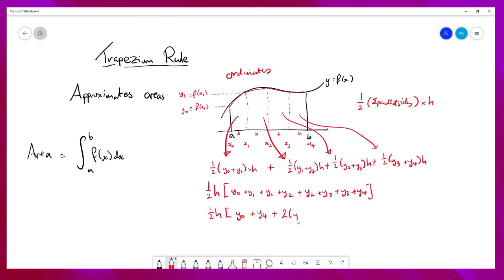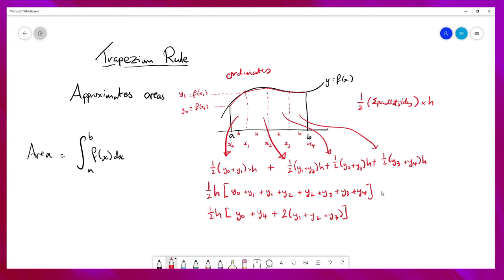And then we've got 2 of the rest. This is the formula for the Trapezium Rule for 4 trapeziums. If we have more trapeziums, then this formula will be extended.